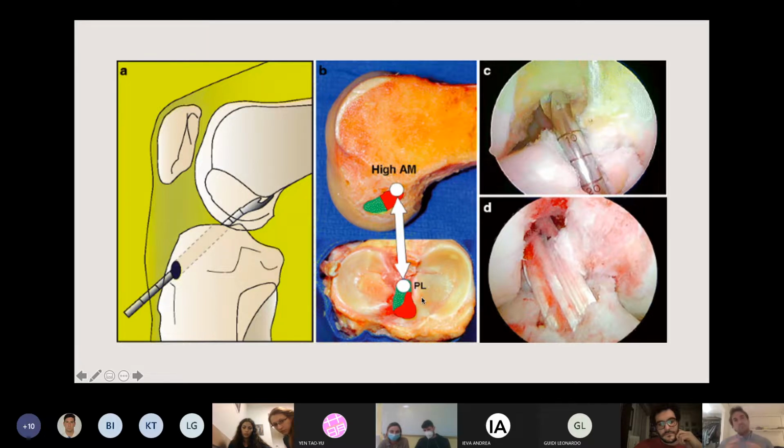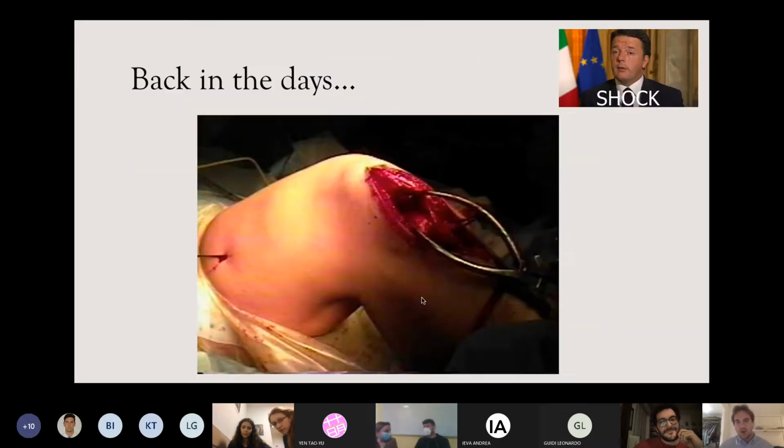Okay, this is the minimal invasive approach. Now I will show you a picture of the old technique, and you will understand better why we can call an arthroscopic anterior cruciate ligament reconstruction minimal invasive. Okay, this is what used to be done to reconstruct an anterior cruciate ligament.